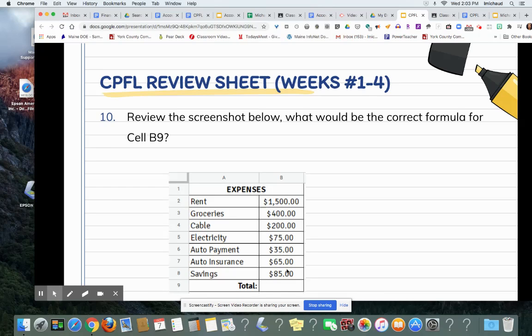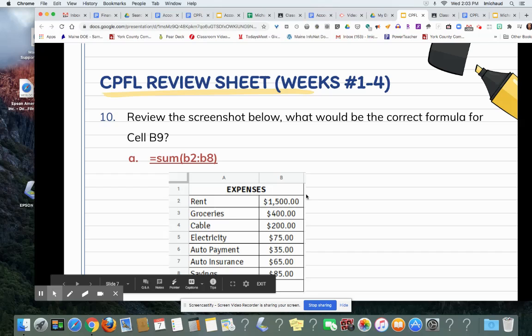Now remember, every formula for spreadsheets begins with equals, whether you're in Sheets, Excel, or Numbers. So it's going to be equals SUM, parentheses, B2, colon means through, B8. So that's going to add up B2, B3, B4, B5, B6, B7, and B8. Doesn't matter if this is uppercase or lowercase.